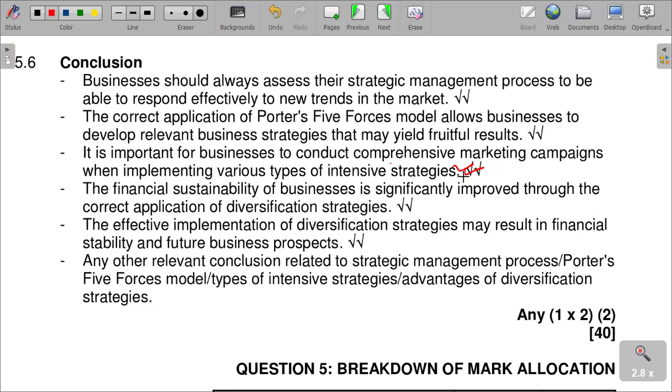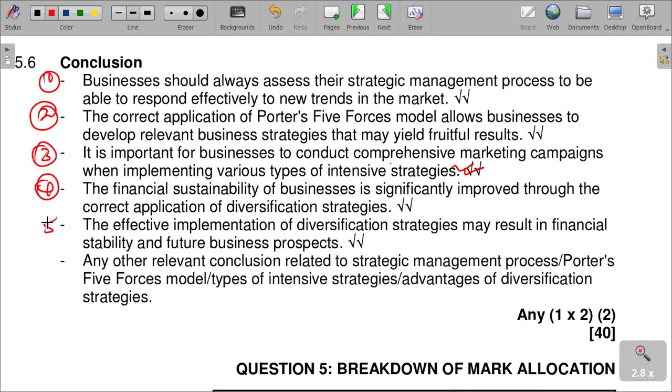Still on that, the financial sustainability of businesses is significantly improved through the correct application of diversification strategies. And you can as well possibly say that effective implementation of diversification strategies may result in financial stability and future business prospects.